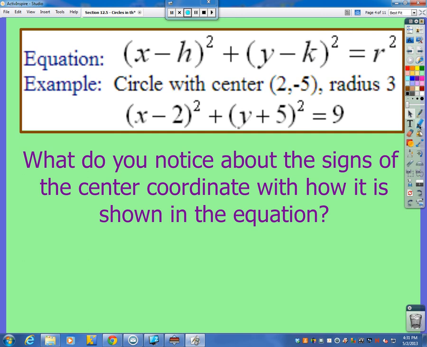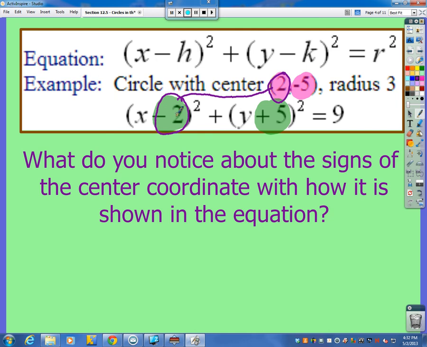Now, one thing I want you to notice right off the bat here is the signs associated with our center and the numbers that you see written in standard form. Notice the connection between what you see for the center x coordinate and what you really write after the x in the standard form of the equation.